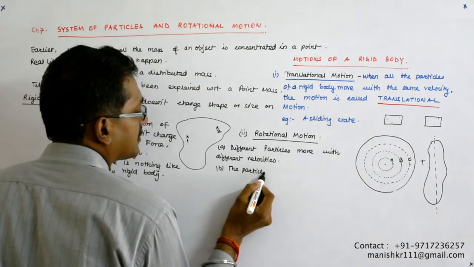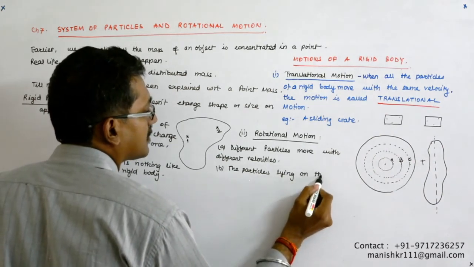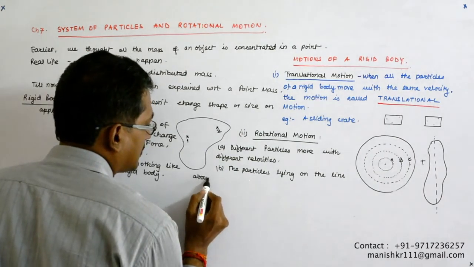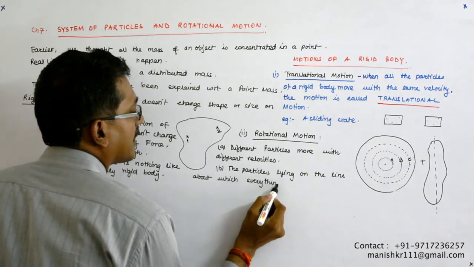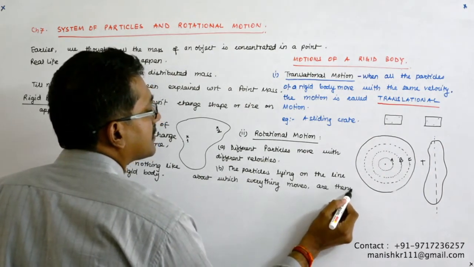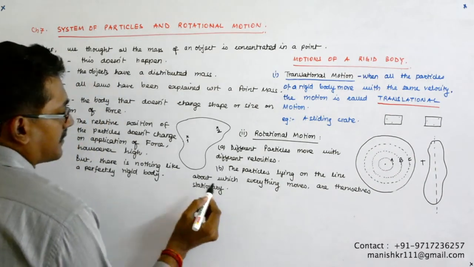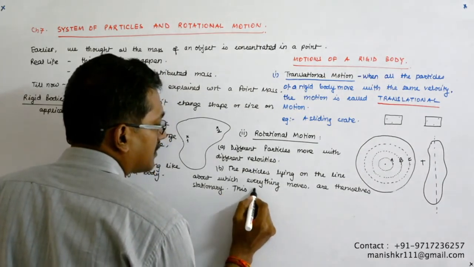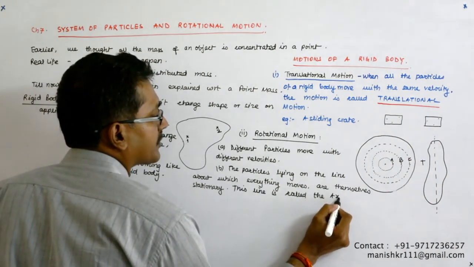The particles lying on the line about which everything moves are themselves stationary, and this line is called the axis of rotation.